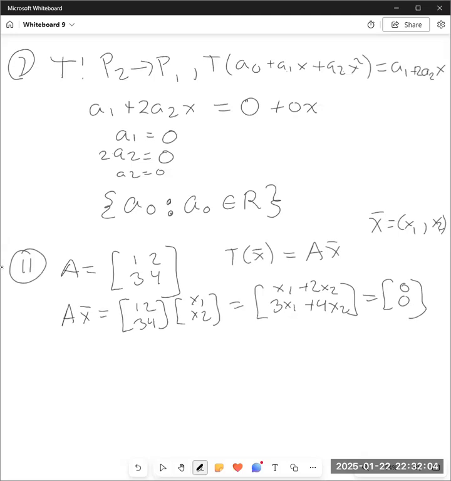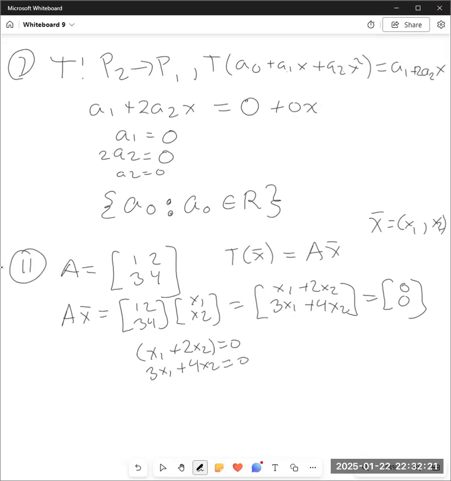So that means that x1 plus 2x2 equals 0, and 3x1 plus 4x2 equals 0.